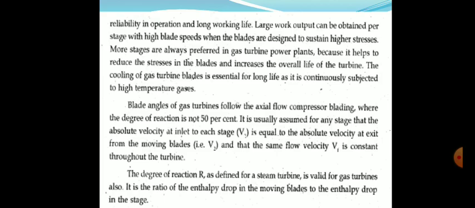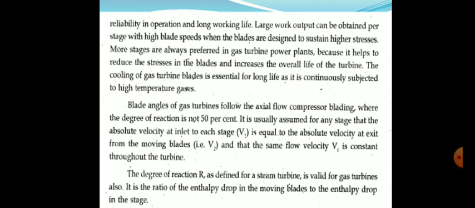Large work output can be obtained per stage with high blade speeds when the blades are designed to sustain higher stresses. More stages are always preferred in gas turbine power plants because it helps to reduce the stresses in the blades and increases the overall life of the turbine.